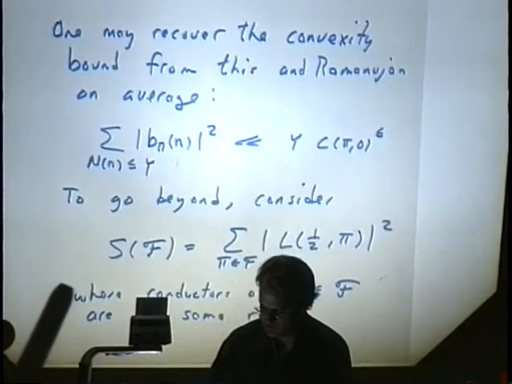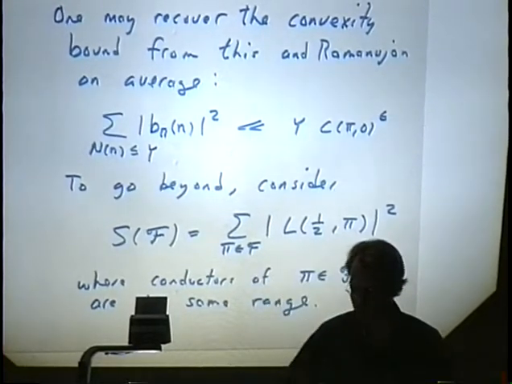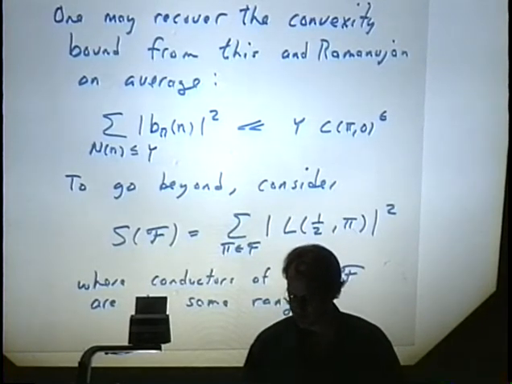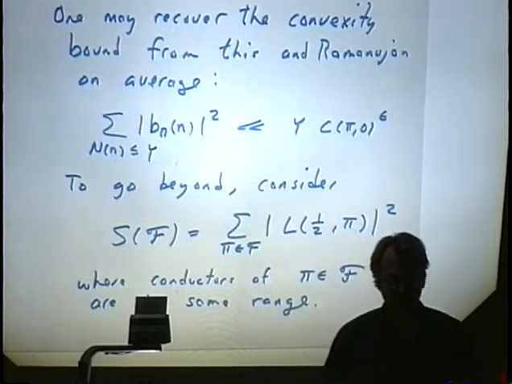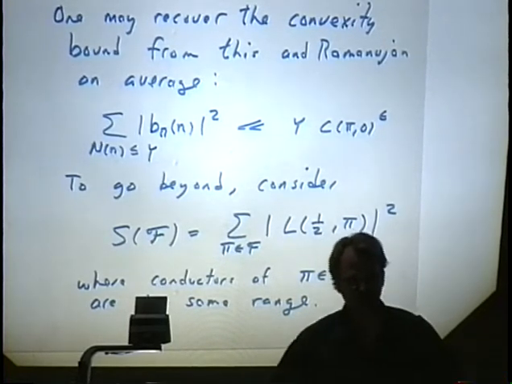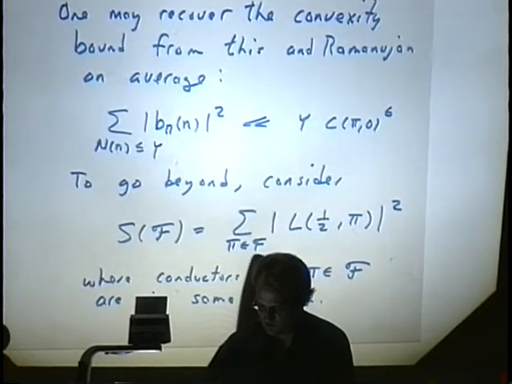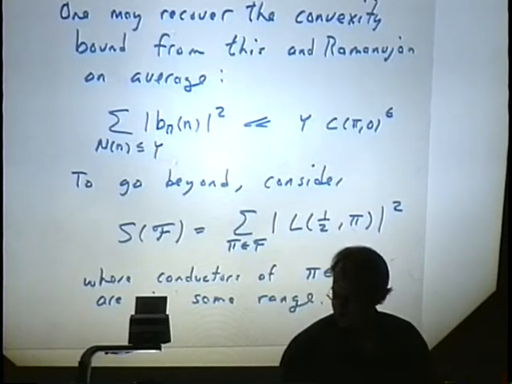So one technique which has evolved to do this is to try to find an appropriate family where we can average over this family and then, by restricting to one term, obtain a non-trivial estimate. The same theme that Kloosterman started, except in the context of L functions. So what one does is find a family where the conductor should be about in the same range.